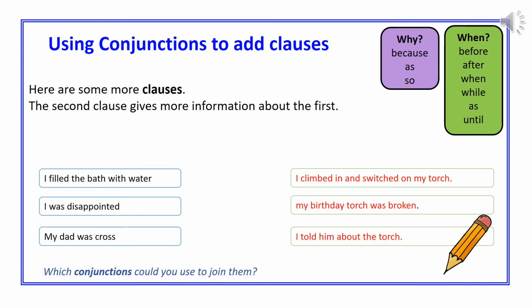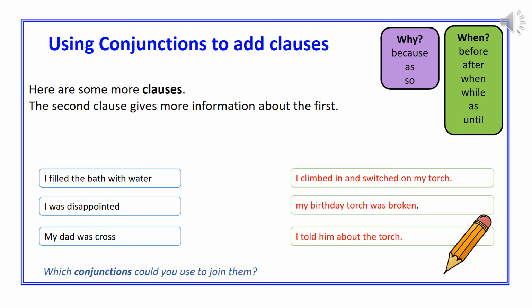I filled the bath with water. Blank, I climbed in and switched on my torch. Which conjunction from the purple or the green boxes would suit that sentence? I was disappointed. Blank, my birthday torch was broken.